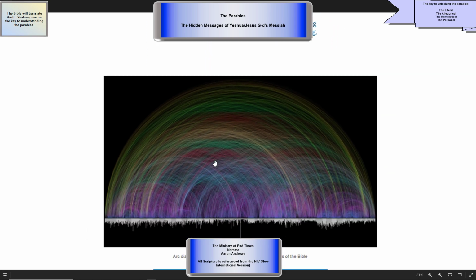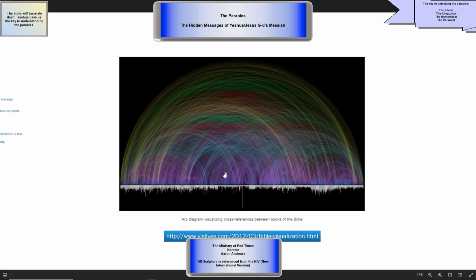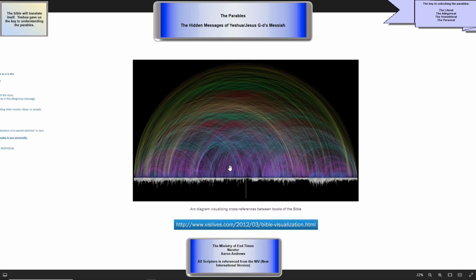And this graphic was something I found on this website, vislives.com. It is a depiction of all the areas of the Bible that cross-reference with each other.